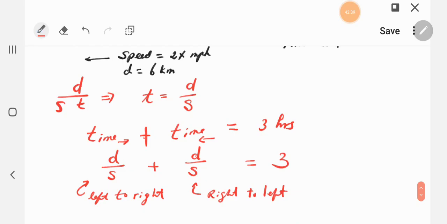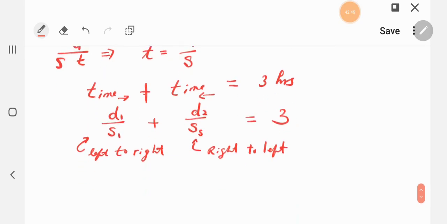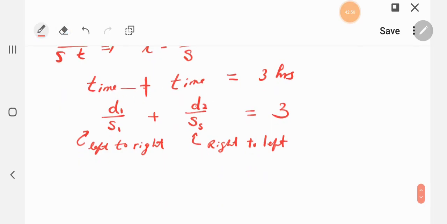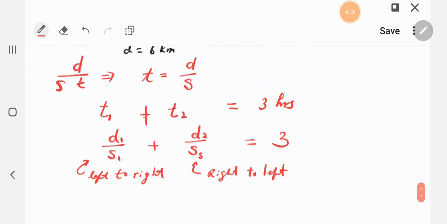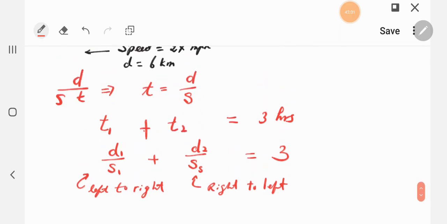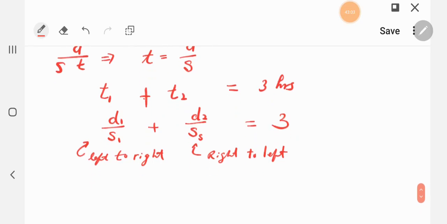So let's say this is d1, s1, d2, s2, so time 1 and time 2. Time 1 plus time 2. Time 1 is left to right and time 2 is right to left.